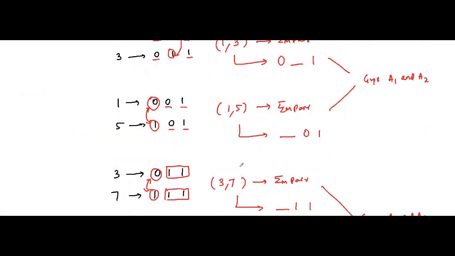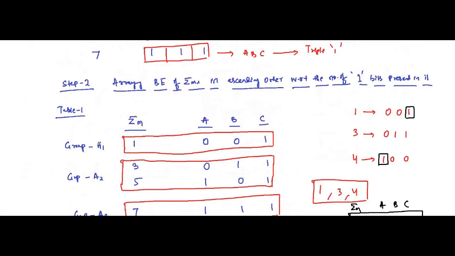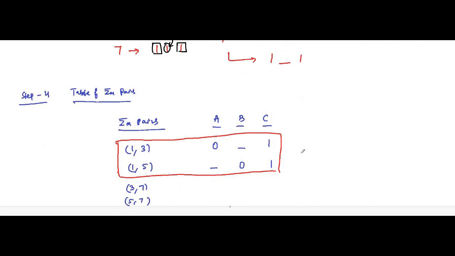This is one group, 1, 3 and 1, 5, because these are the minterm pairs formed between the minterms of adjacent groups A1 and A2. Let's call it group B1.